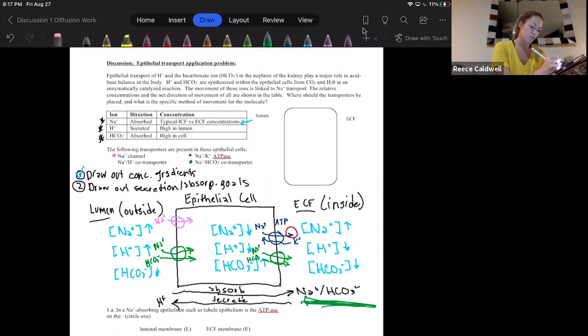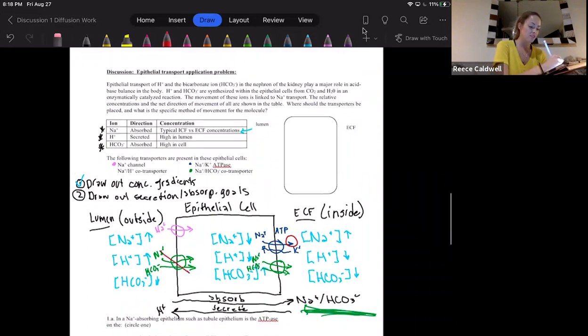So now that we've drawn it on both sides, take a second to think to yourself, is it going to be on the luminal side or will it be on the extracellular fluid side? Now I'll tell you which one is incorrect again, and the incorrect one will be this one, because remember, our overall goal is to absorb that sodium and bicarbonate into the body.